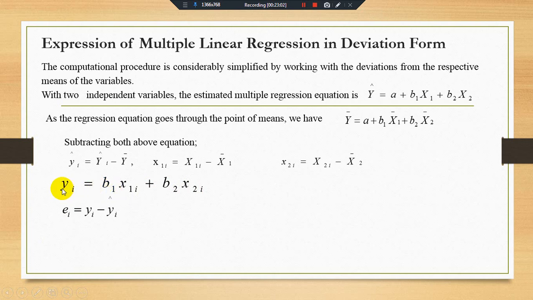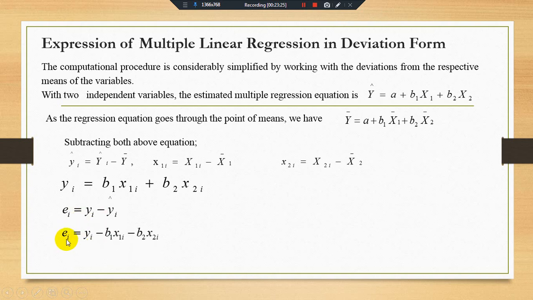From this regression line we get the error term ei is equal to yi minus y hat. This is the simple formula of the error term which we found in simple regression as well: error is equal to actual minus estimated.